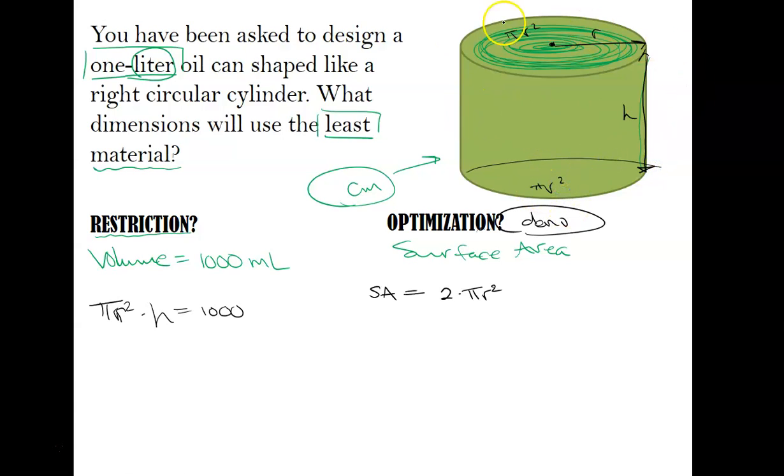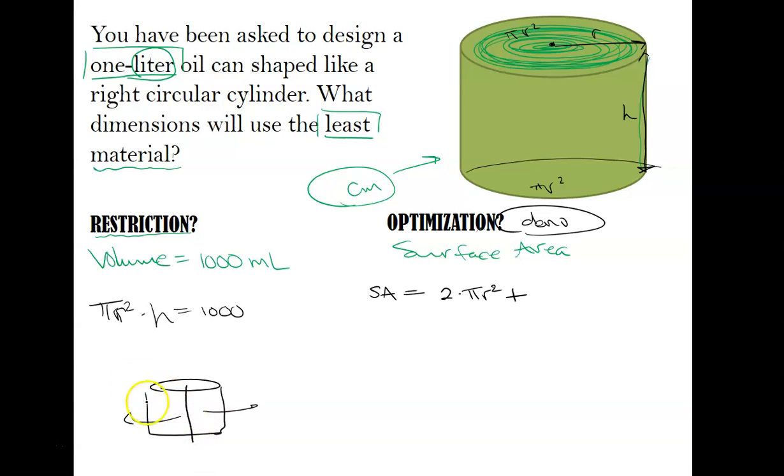And then I have the side wall. Okay, so there's my lid and my bottom. I need this side wall. And the best way to figure out the area of this side wall is to think of it as, instead of a round surface, think about coming in here, slicing it, and then unfolding it.